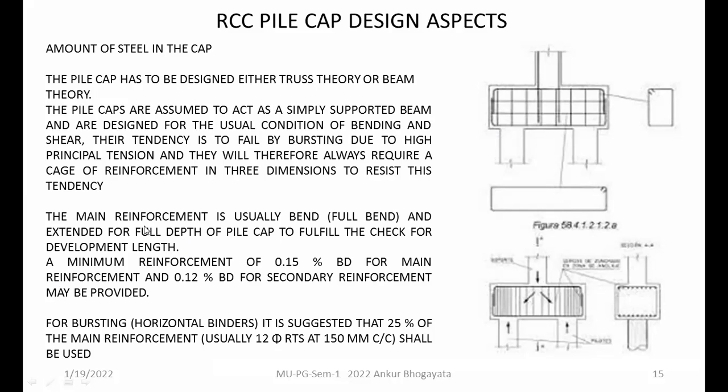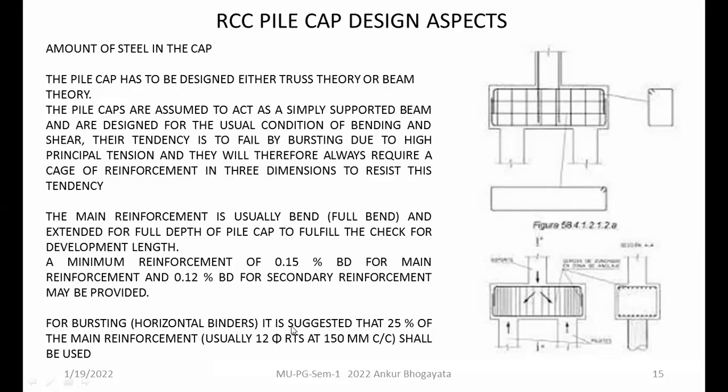So the main reinforcement is usually bent and extended up to the full depth, and check for the development length, which is very much necessary. The minimum reinforcement is 0.15% of the dimensions, and 0.12% of the dimensions in the secondary direction.